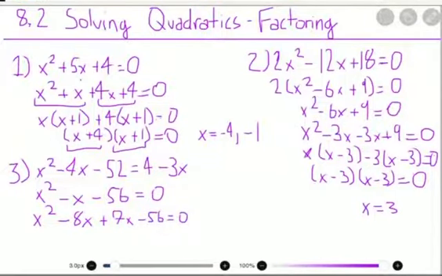And if we factor this, we get (x minus 8) times (x plus 7) equals 0. So the answer to this equation would be x equals 8 and x equals -7.